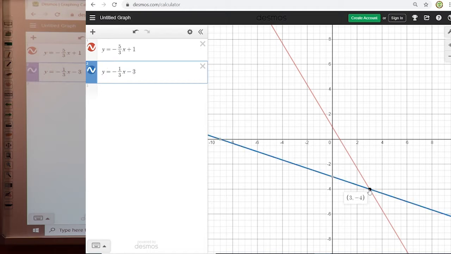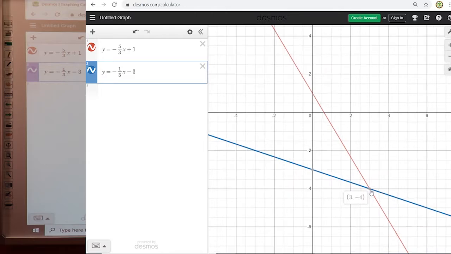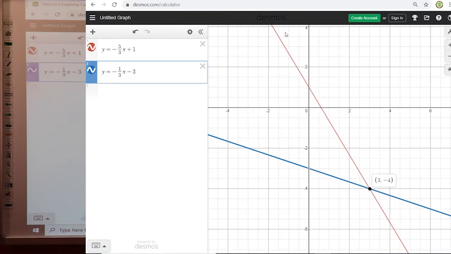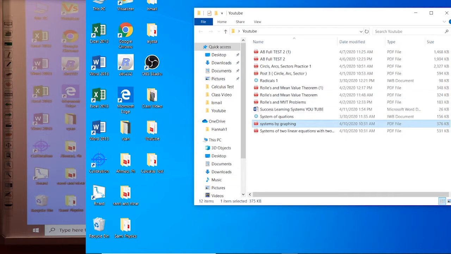Okay, wow, the intersection is 3 and negative 4. You see that? You see this, my answer, these are my two lines. We have one intersection. Okay, let us go to the second problem.